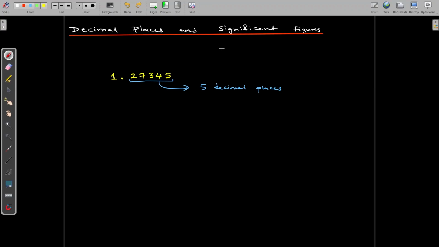No, significant figures are those figures that we look at in a number that make the number significant. It makes the number make sense. True. So if we're looking at this number, how many of these figures make the number make sense? One. One number makes this number make sense. Two. No.